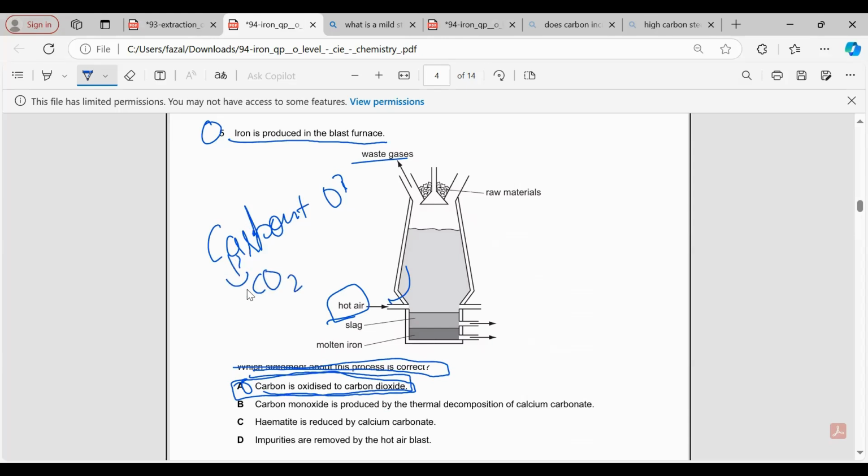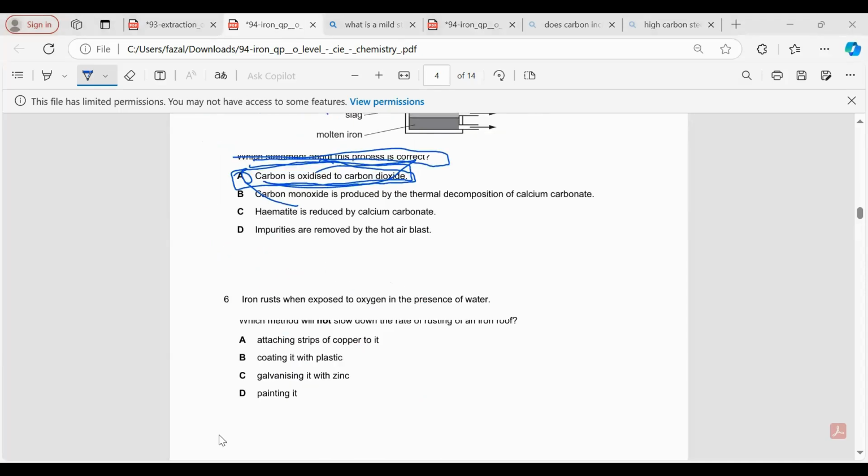It means that carbon gains oxygen. In redox reactions, we have done the property of oxidation, that whenever an element gains oxygen, it will undergo oxidation. So carbon is oxidized to carbon dioxide. So that is the answer. Now let's move on.